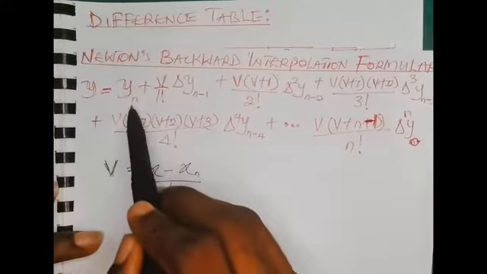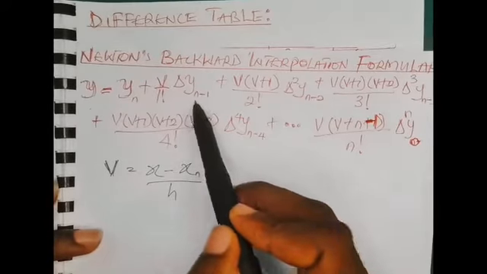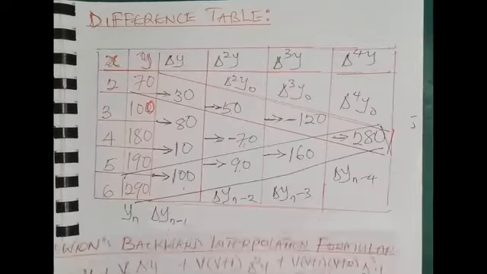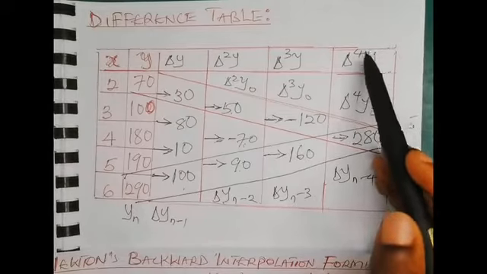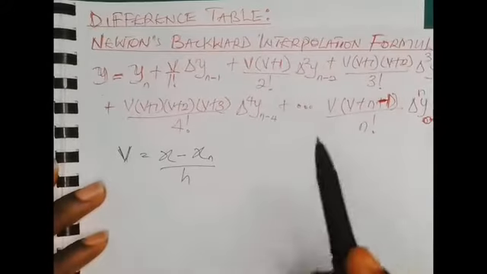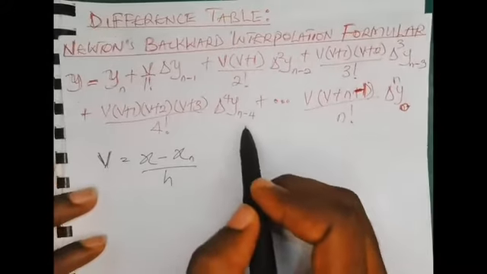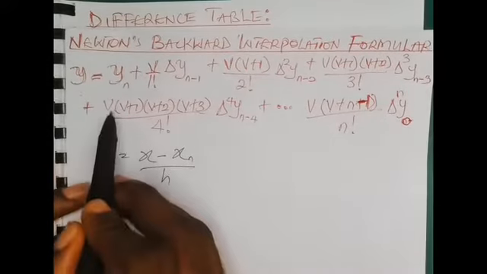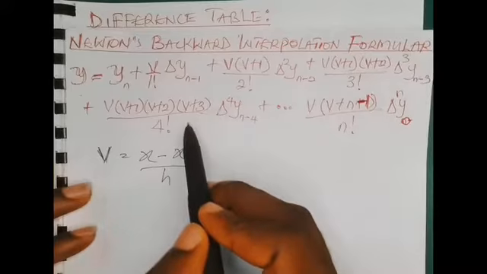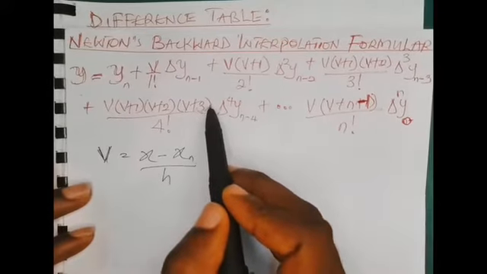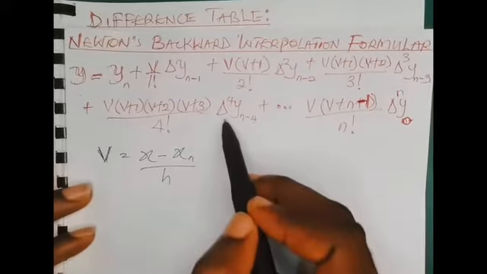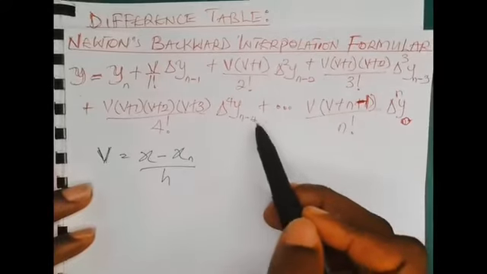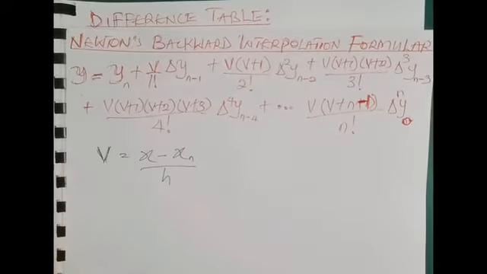We know what yn is, we know what yn minus 1 is, and since the table ends at the fourth difference, we stop our formula here. But if the table extended to the fifth difference, we would extend it by attaching v plus 4 over 5 factorial times delta 5 yn minus 5, and so on.